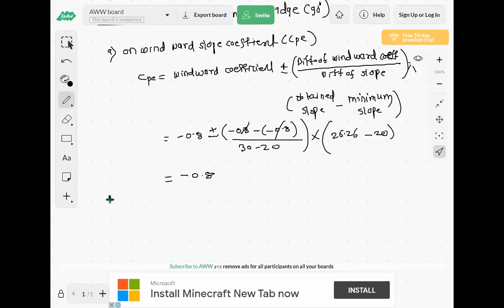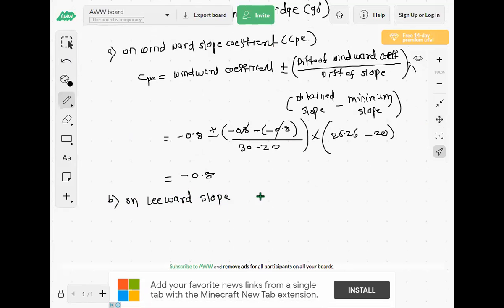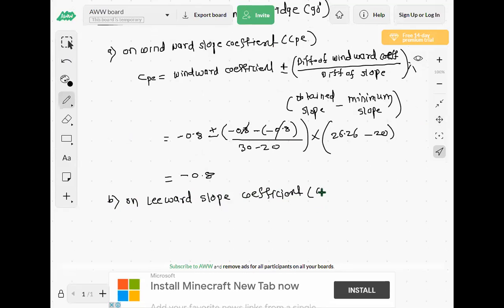Now next question. On leeward side, leeward slope, on leeward slope coefficient. This is we are doing for 90 degree angle. 90 degree साठी आपण windward आणि leeward coefficients find out करतोय.